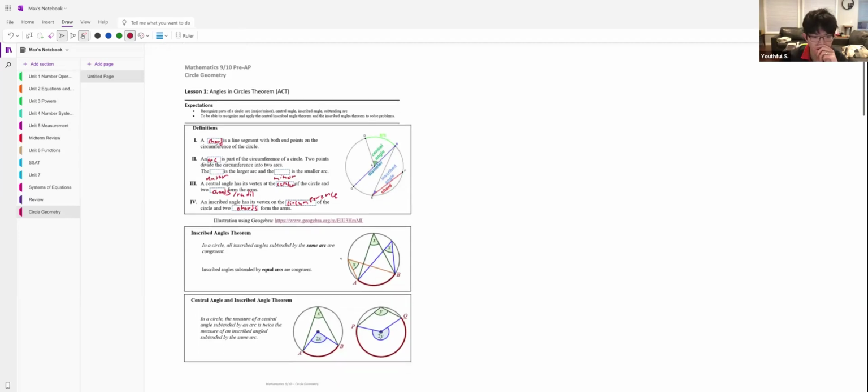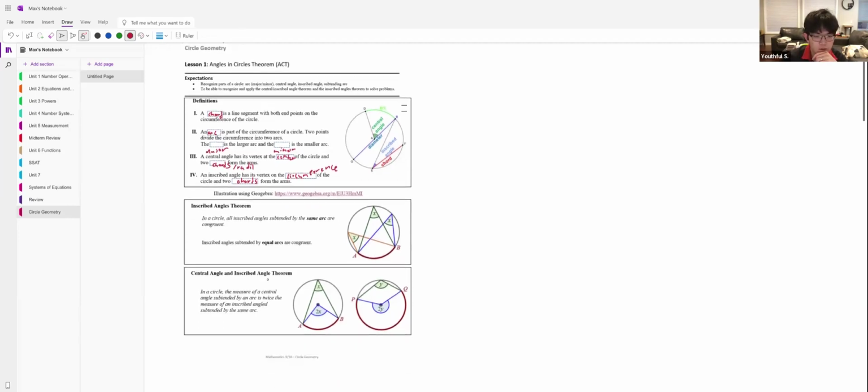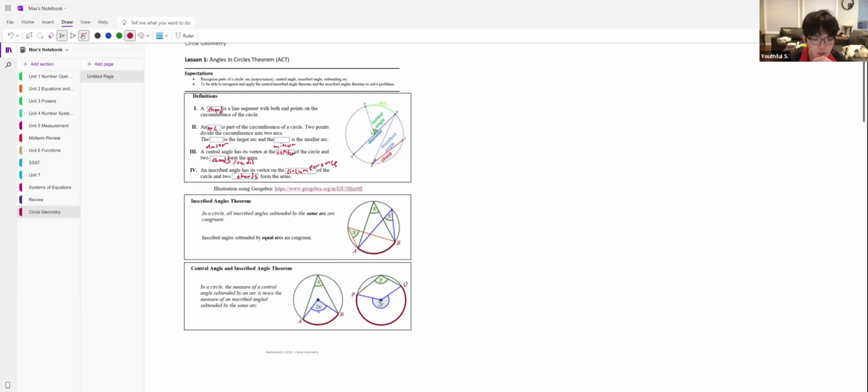So then the central angle and inscribed angle theorem. In a circle, the measure of a central angle subtended by an arc is twice the measure of an inscribed angle subtended by the same arc. So for example, here we have AB, the arc, and then we have this point, which is the center of the circle. This angle formed by two chords or radii that go from point A and B to the center has twice the measure of this angle.